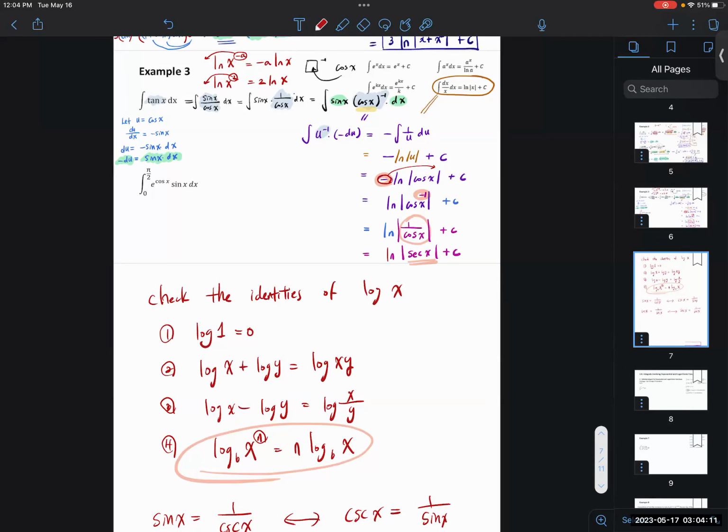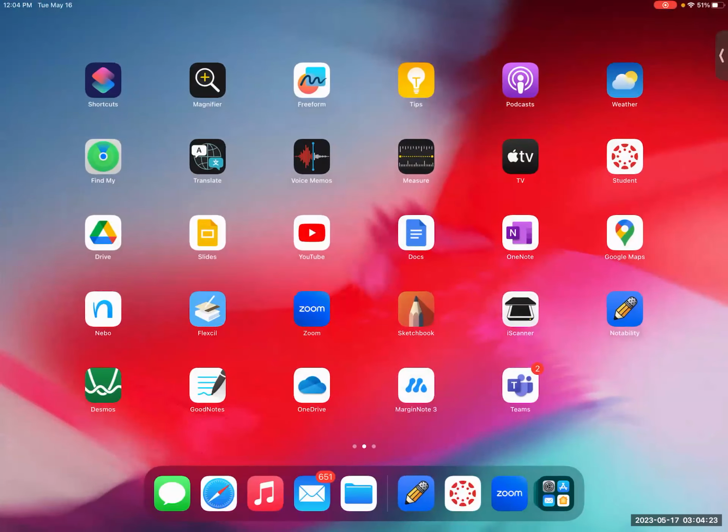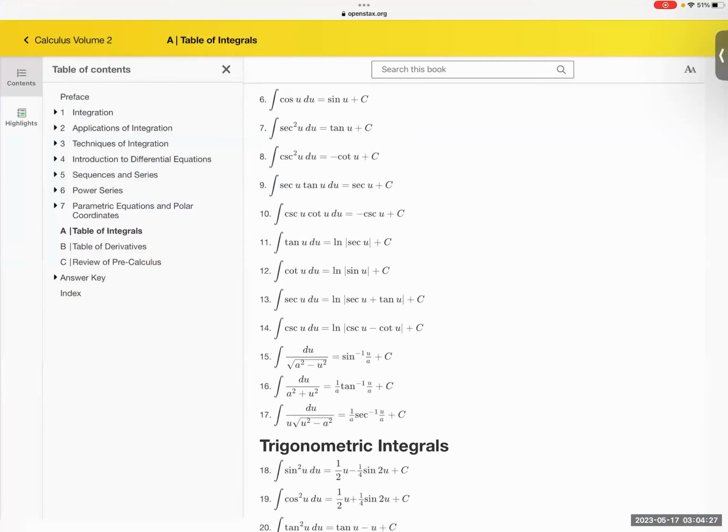So remember, the integral of tangent x, we just found out, is ln absolute value secant x. So let's check if it is true. Let's go to the table. If you remember, we just took the integral of tangent, we got the same answer. You see that right there? We just proved number 11.